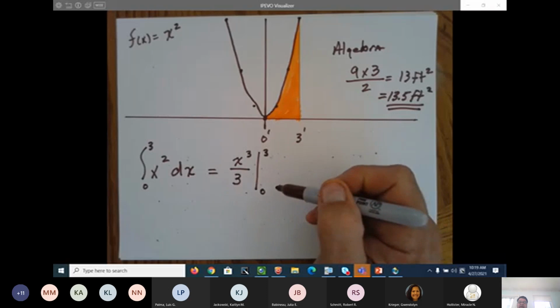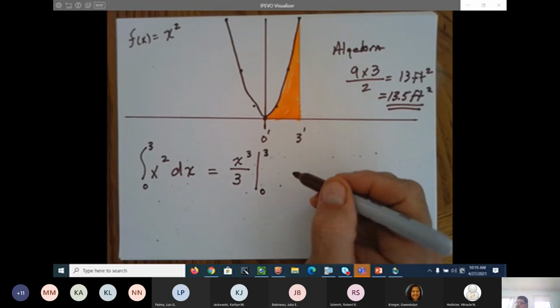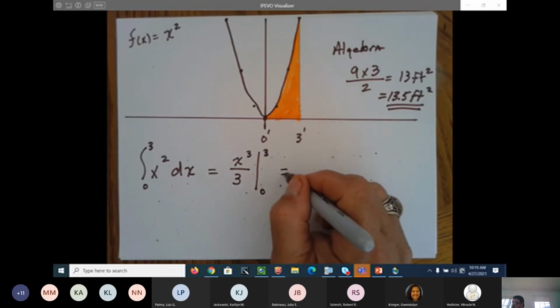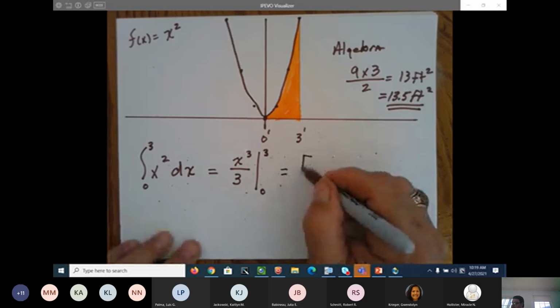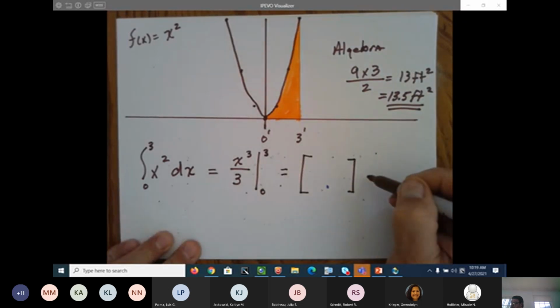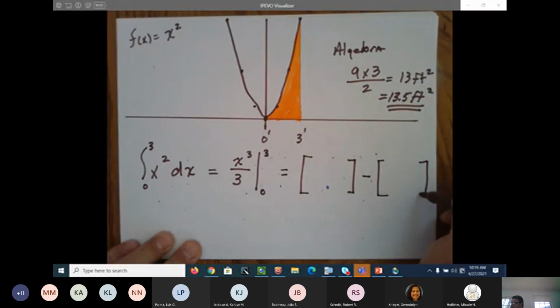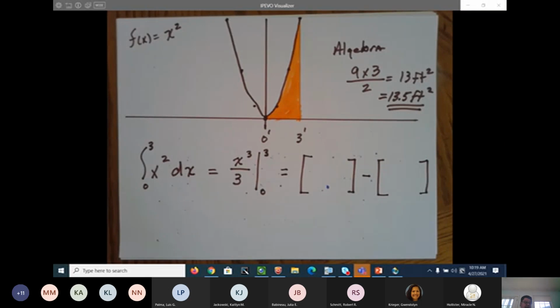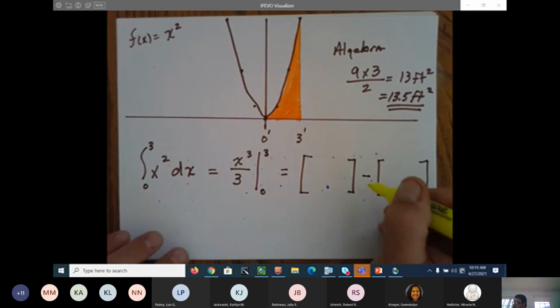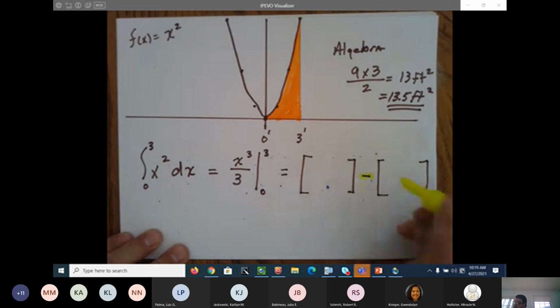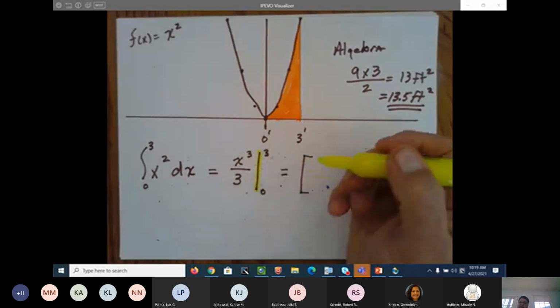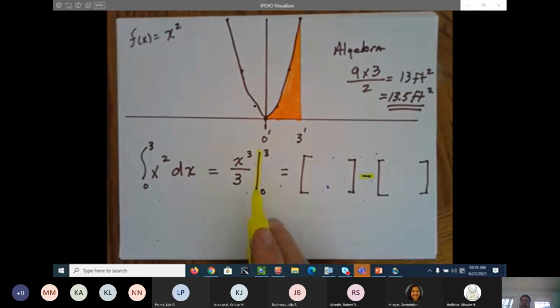So what does that mean? That means I'm going to plug in 3. Put a set of parentheses here, and I'm going to subtract a set of parentheses here. Now that subtraction symbol right here comes from this. That evaluation means subtraction.